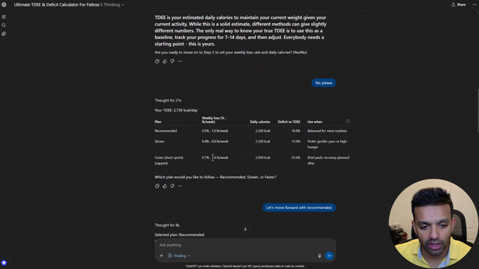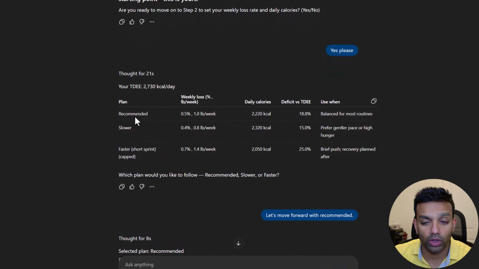And then I am presented with a table with three options. Okay. A recommended approach, which also happens to be the most balanced, a slower option, and a faster option. Okay, now these numbers that you see on the table here for me are going to be different for you. Your numbers are going to be tailored to you. And that's why it's so powerful, right?